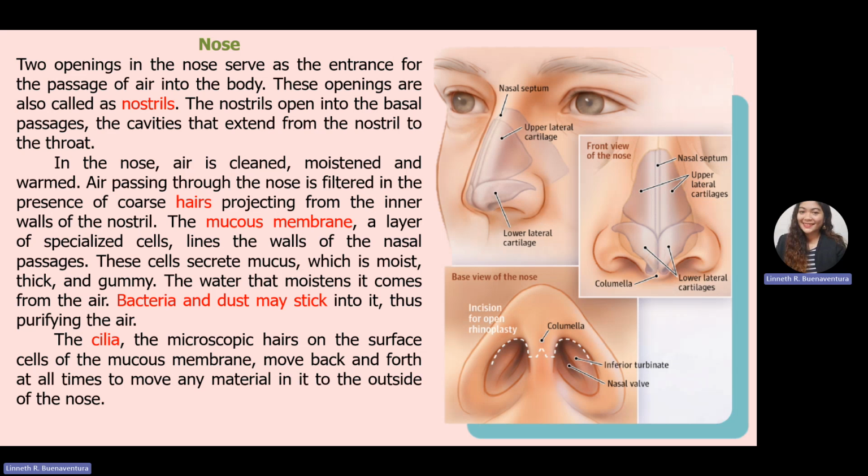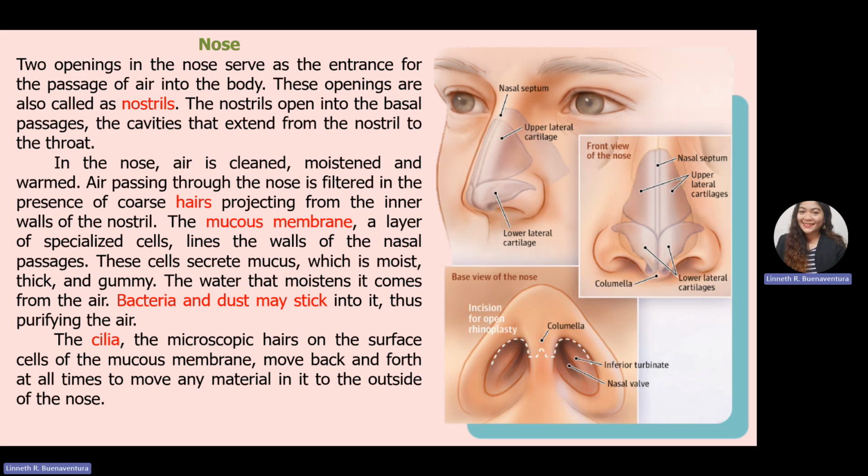The nose is described to have two openings that serve as the entrance for the passage of air into our body. These openings are called nostrils. The nostrils open into the nasal passage, the cavities that extend from the nostrils to our throat.